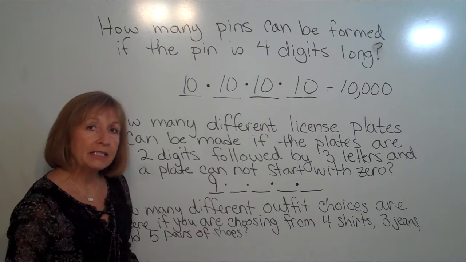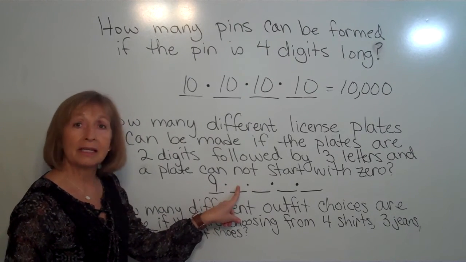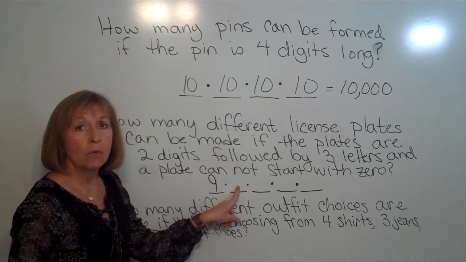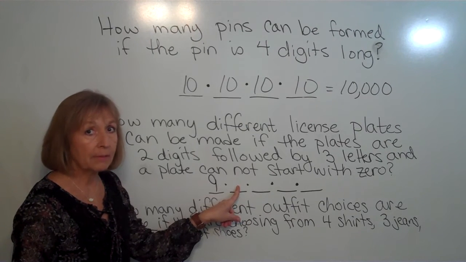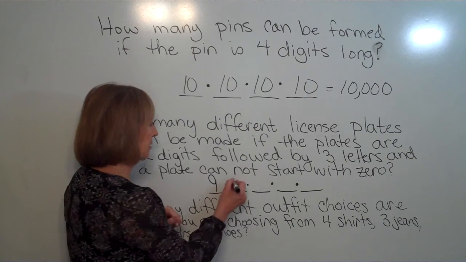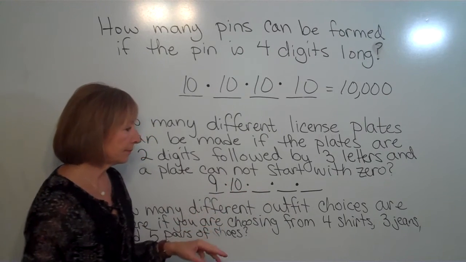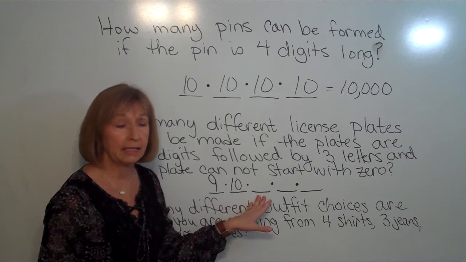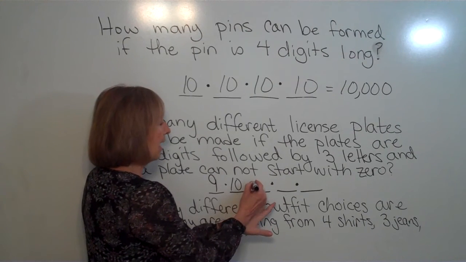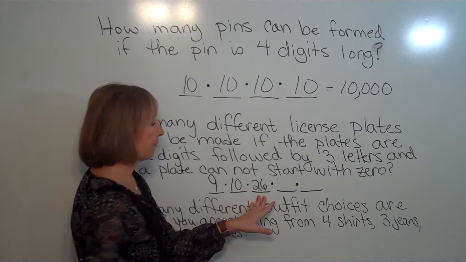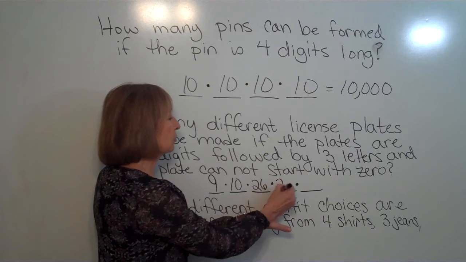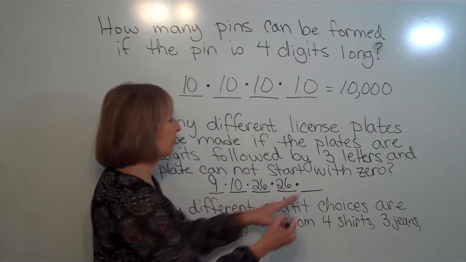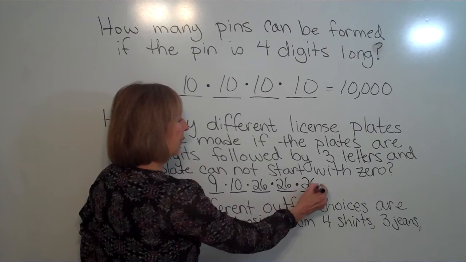And then how many different ways can you choose the digit for the second slot? Well, it doesn't say I can't use 0 this time. So now there's 10 choices for that second slot. Now I'm at a letter. There are 26 letters in the alphabet. So I have 26 choices for the first letter, 26 choices for the second letter, and 26 choices for the third letter.